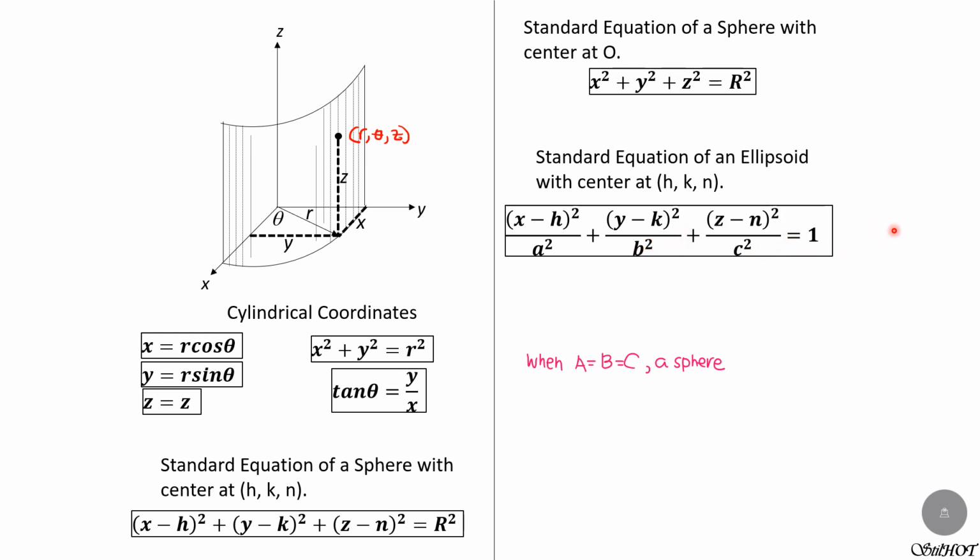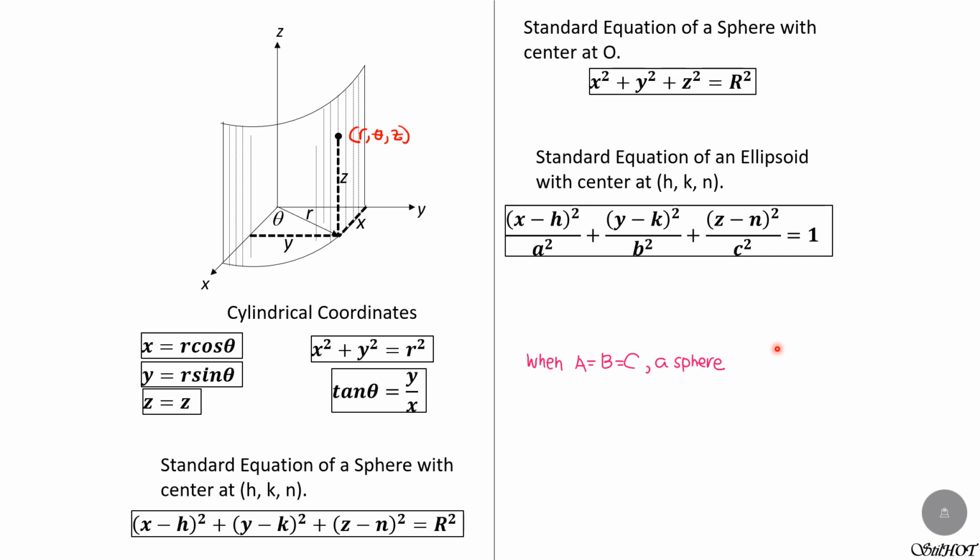The volume of an ellipsoid is 4/3 pi abc. Take note of that. If the semi-ellipse is revolved about its major axis, it's called a prolate spheroid. And recall from solid geometry, if the semi-ellipse is revolved about its minor axis, it's called an oblate spheroid.